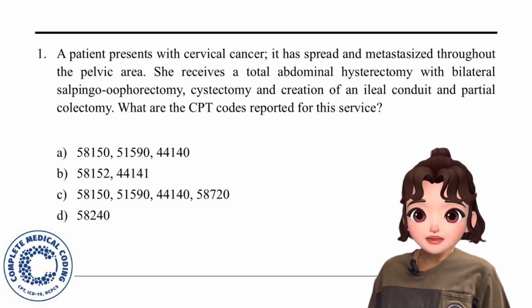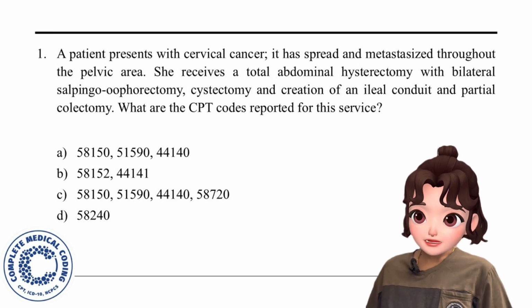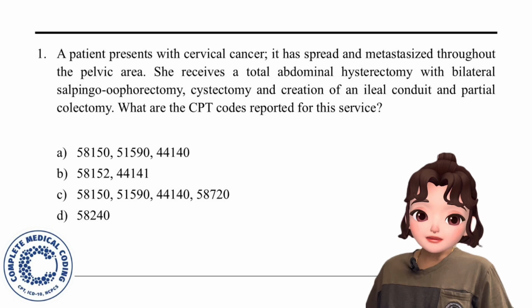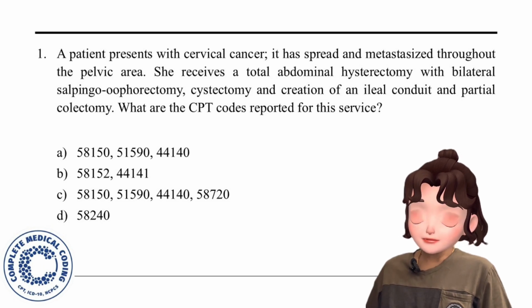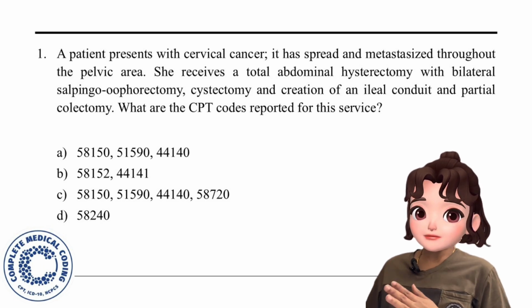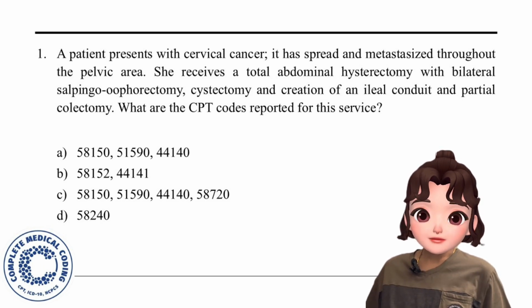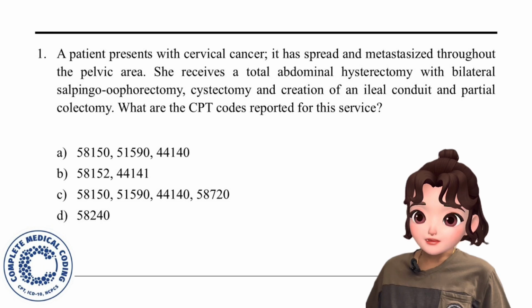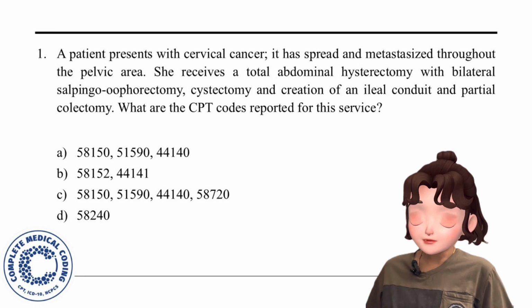Hysterectomy means removal of the uterus. Bilateral salpingo-oophorectomy means, since it is bilateral, removal of both the ovaries and the fallopian tubes. Colectomy, removal of colon.